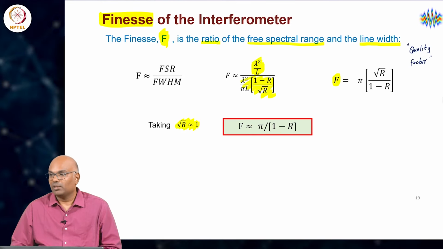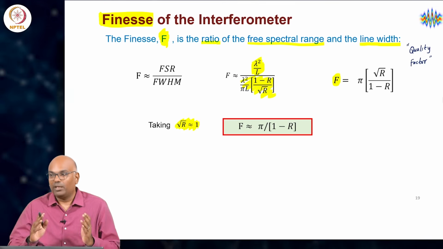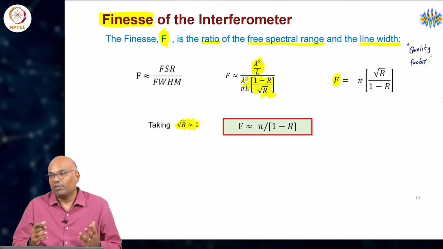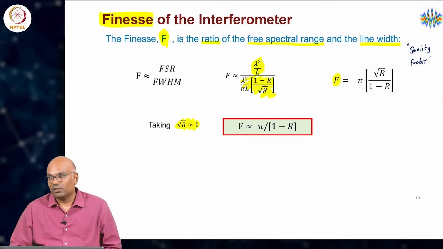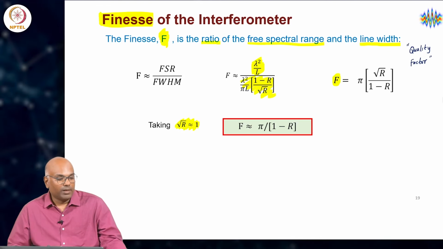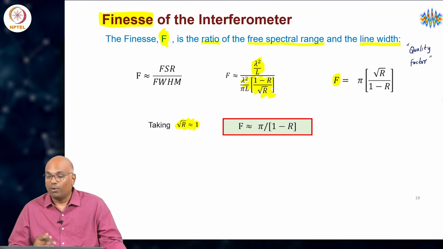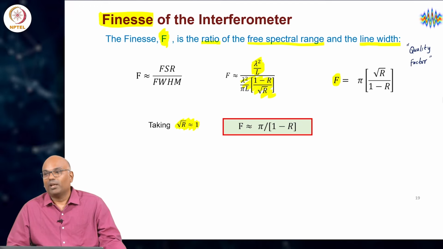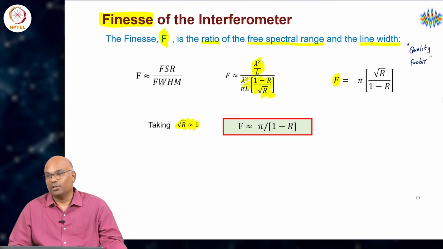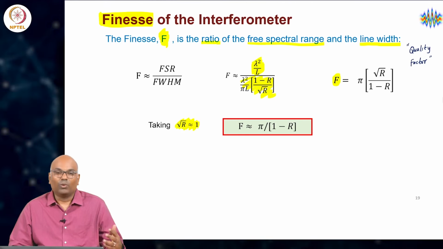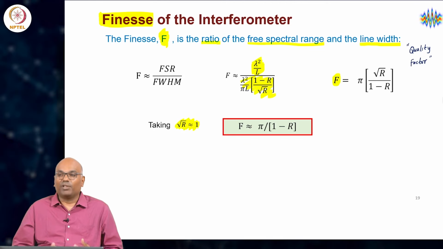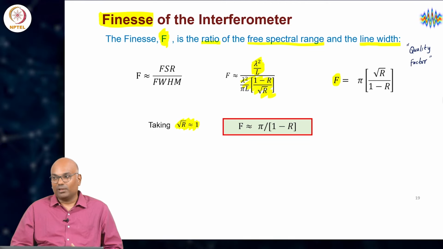What does this tell us? One of the key factors in determining the quality of your resonator is the reflectance of the end reflectors. So, the higher the quality of your reflector, the better is the resonator. This is important, but it is not everything. A real resonator is 3-dimensional. Let's not lose track of the fact that the resonator we have been dealing with so far is a 1-dimensional resonator.